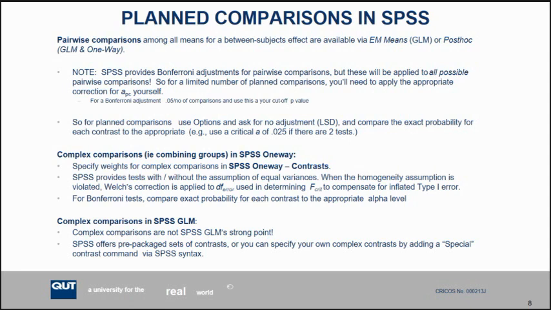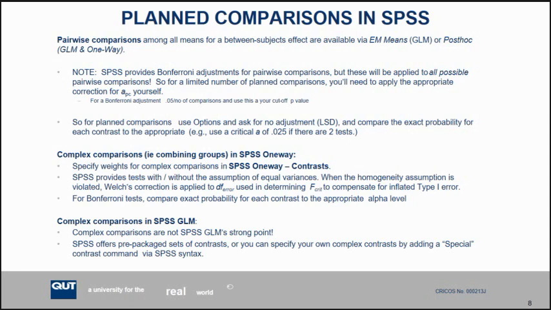SPSS will provide Bonferroni adjustments for our pairwise comparisons, but note that these adjustments will be applied for all possible pairwise comparisons. So if you have just a specific number of planned comparisons that you want to look at, what's best to do is just to apply no adjustment, or LSD, choose the LSD option, and then apply your own Bonferroni adjustment yourself.